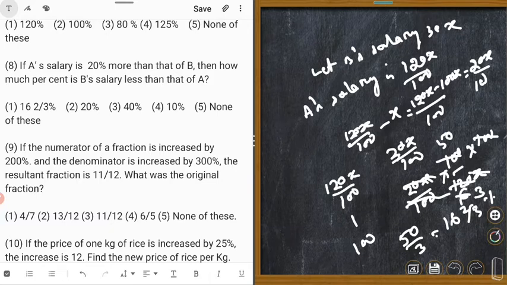Which is the correct answer? 1 is the correct answer.